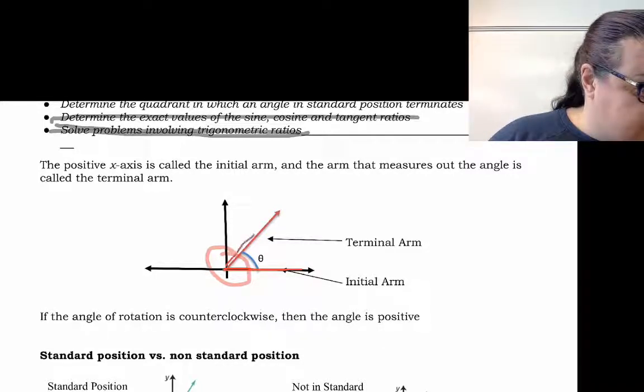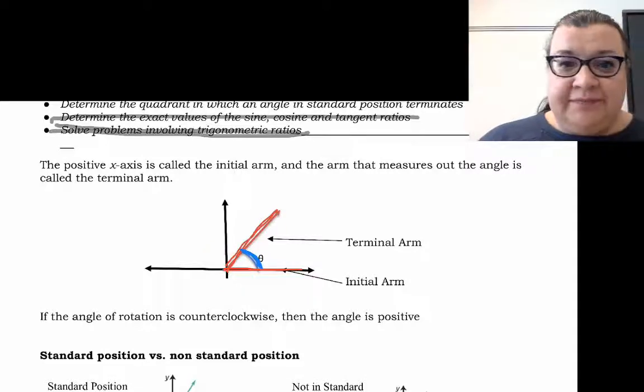So for this first one, we have it lying here. And so this then is our angle.